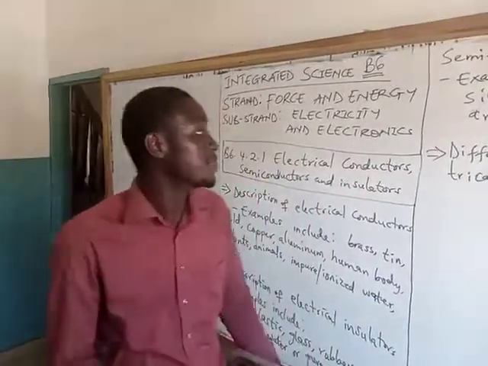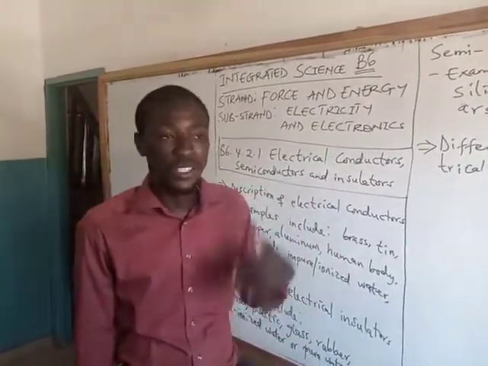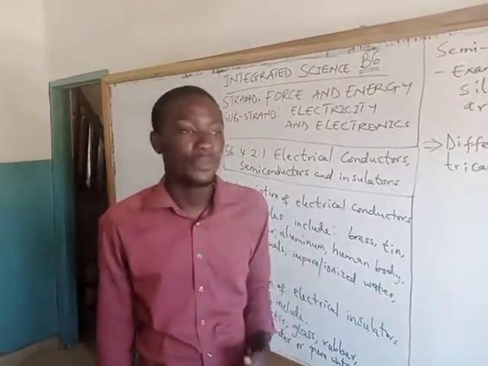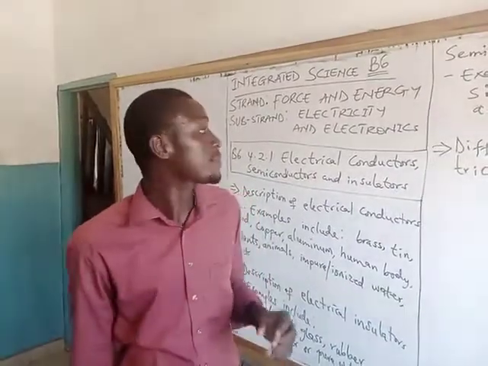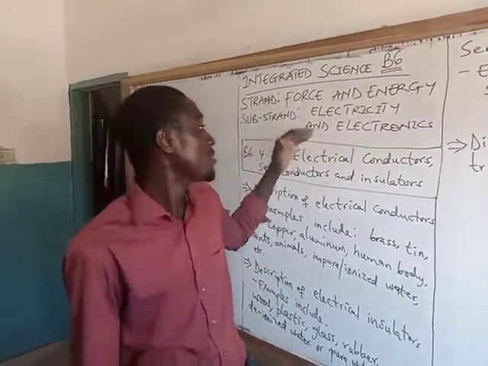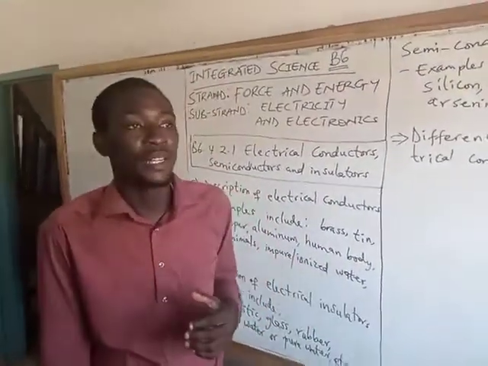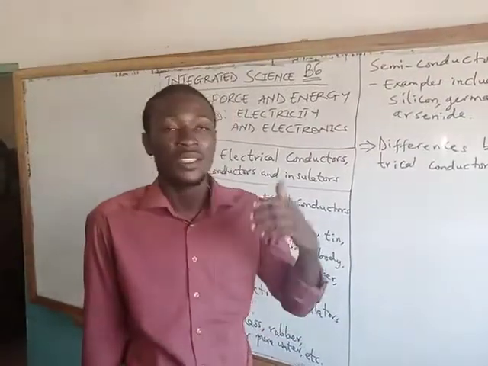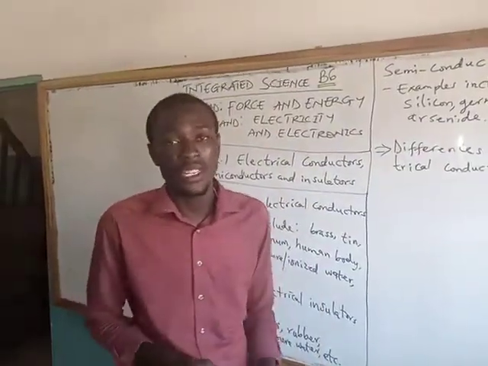This lesson we want to do a quick recap on what we learned before the break came up, and also continue and complete it as well. Before the break, we started with electricity and electronics, where we learned about electric circuits and the various components that make up electric circuits.